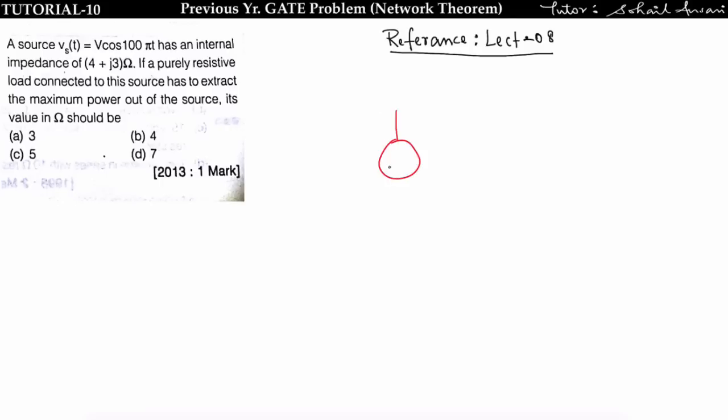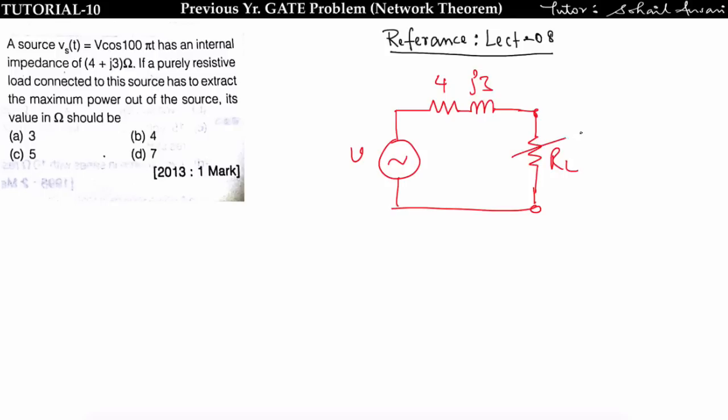We have a source voltage in series with an impedance whose value is 4 plus j3, and I am considering the load which is purely resistive in nature.